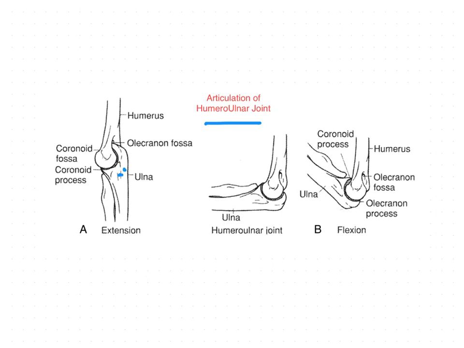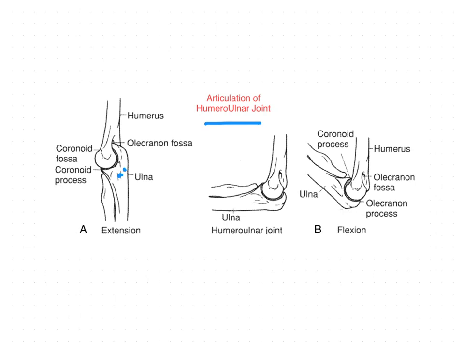The ulna slides over the humerus, or the humerus slides on the ulna, depending upon the closed packed position or open packed position. Finally, what is the motion taking place inside the joint? That is the sliding motion.